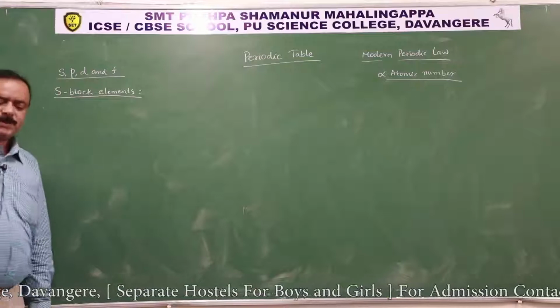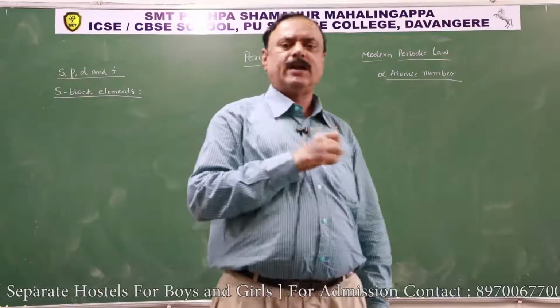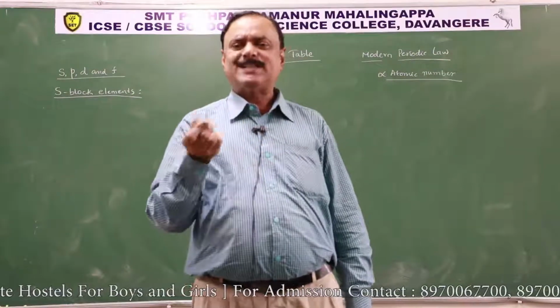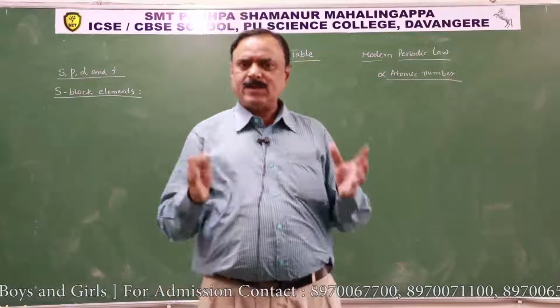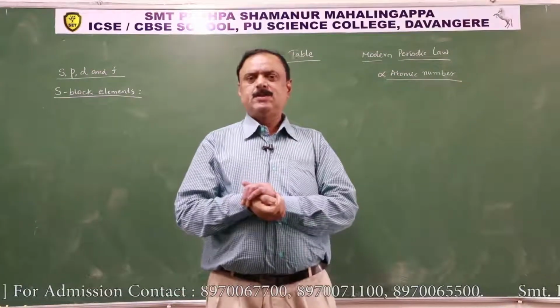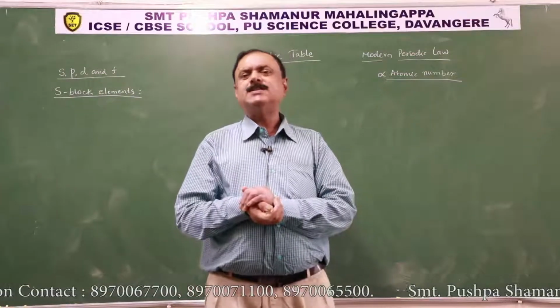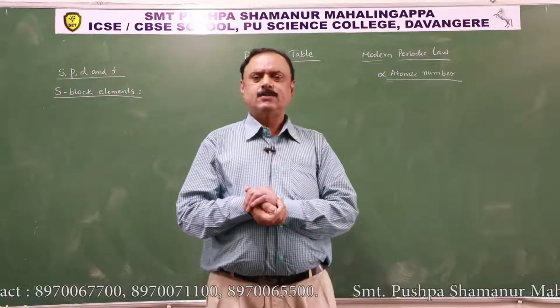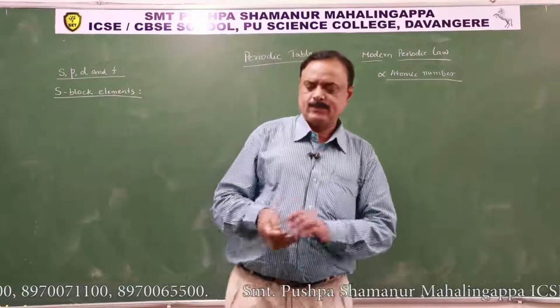These are the group of elements where the valence electrons are added to the outer S atomic orbital of an atom. S block elements are group number 1 and group number 2, where the valence electrons are added to the outer S atomic orbital of an atom.